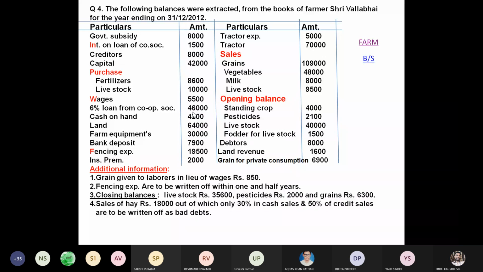How much is the interest? Hello, hello. 2,760. Out of 2,760 rupees, 1,500 is paid now.